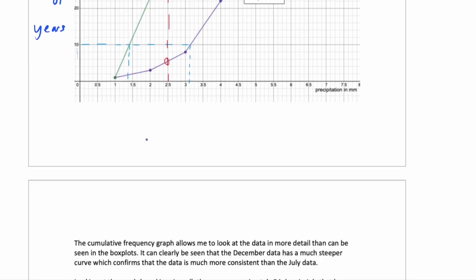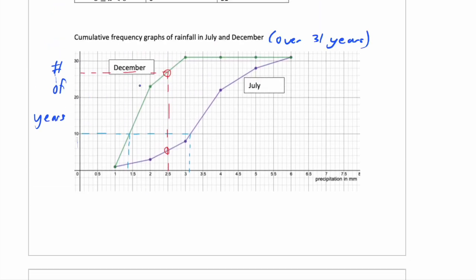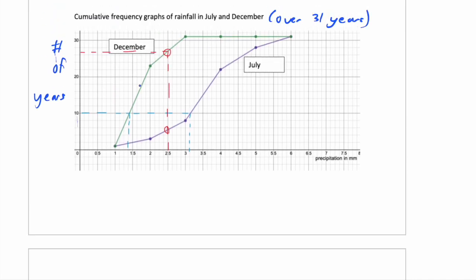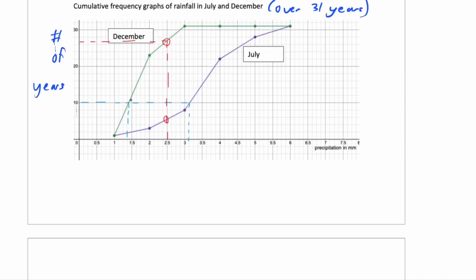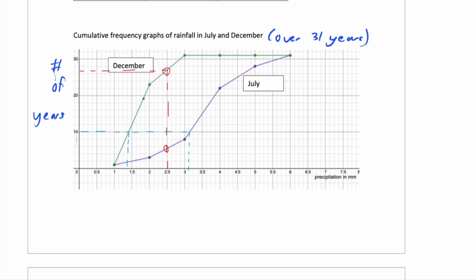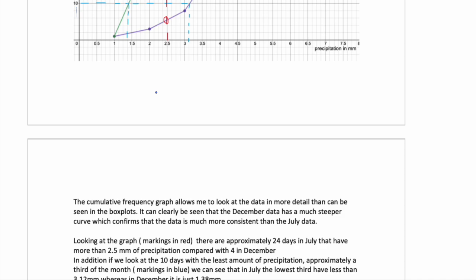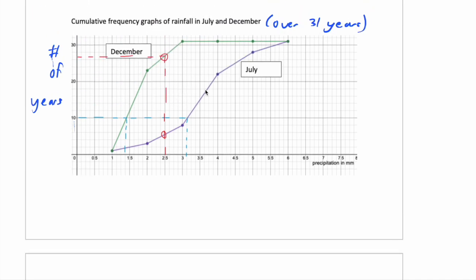So in the cumulative frequency curve, you can make some of these things here. You can discuss percentiles, and because you already had the mean and the quartiles from your box plot, you can discuss different percentiles with this here, right? And you can discuss the fact that, okay, for the July one, which is purple, this section right here is very steep.